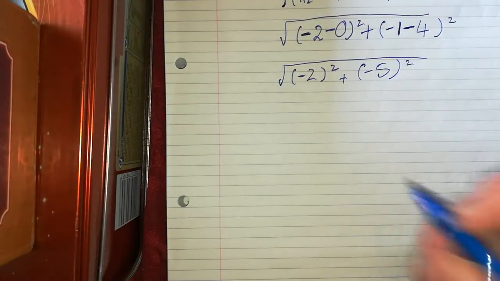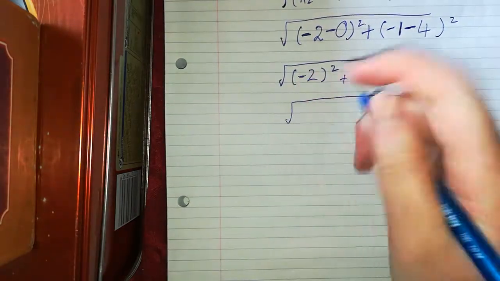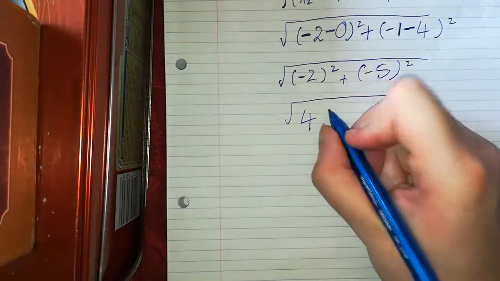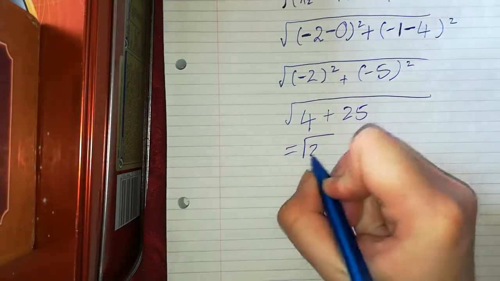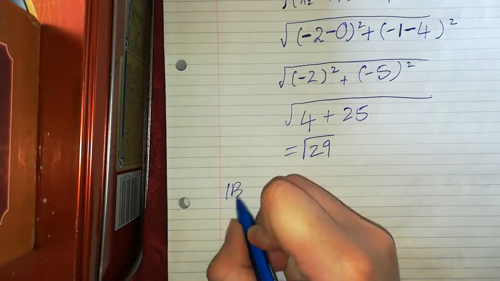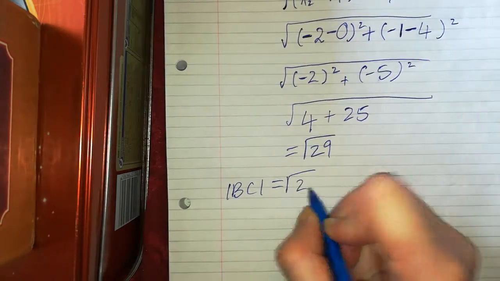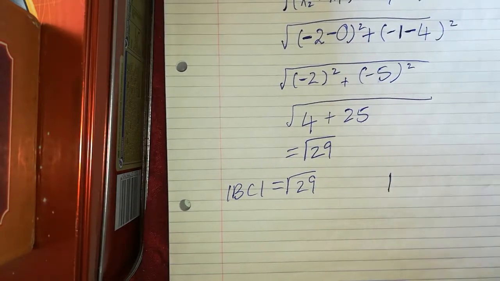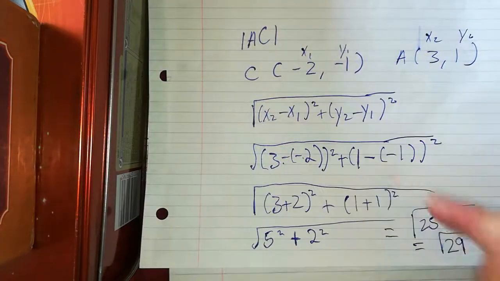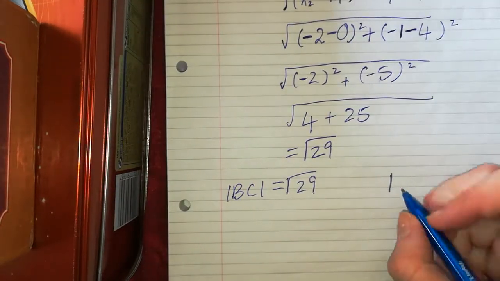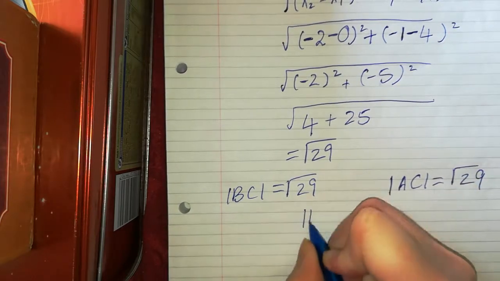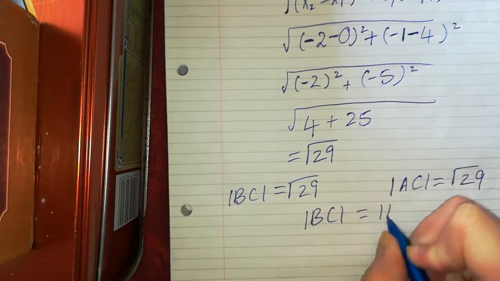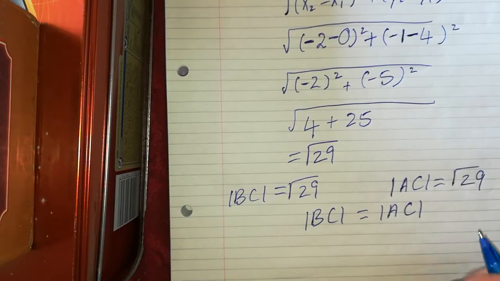And if we square a minus number, a minus by a minus gives us a plus, so this (-2)² will be 4, and (-5)² will be plus 25. So then I get the square root of 29. So BC is equal to the square root of 29, and we just showed that AC from this part was also the square root of 29. So BC is equal to AC.